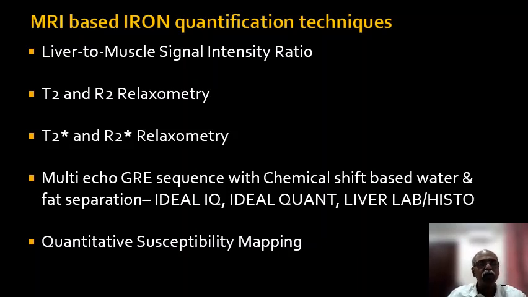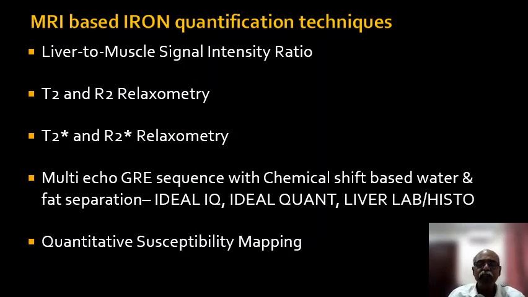Now there is another sequence known as a multi-echo GRE sequence, which is used to pick up the iron overload. What happens in multi-echo GRE sequence is when you use this T1 based GRE sequence, you use 6 TEs, and these 6 TEs will give you results about in phase, out of phase, fat only, water only, proton density fat fraction, and R2 star or iron quantification of liver.